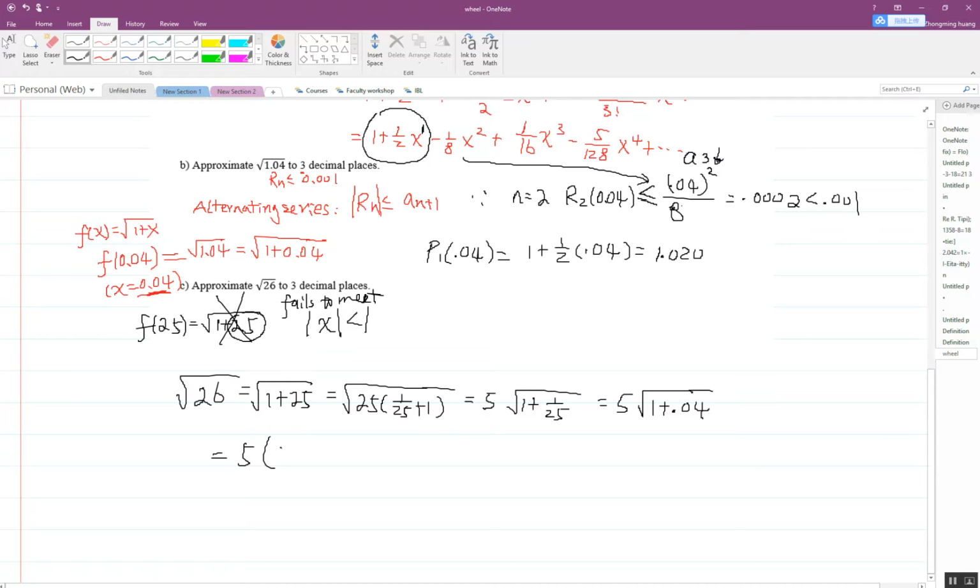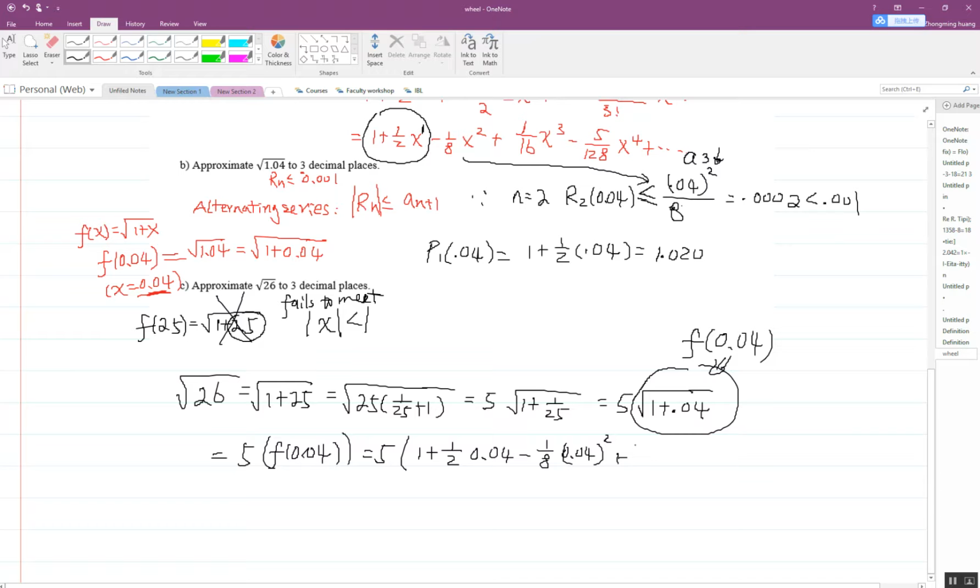So it's 5 times f of 0.04, right? Which is 5 times, and for 0.04 it will be 1 plus 1/2 of 0.04 minus 1/8 of 0.04 squared, and the next term will be plus 1/16 of 0.04 cubed, and so on and so forth.